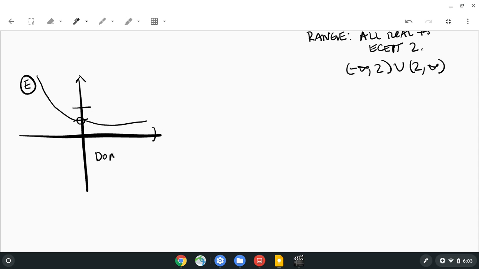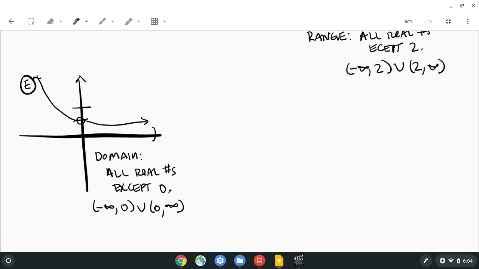So my domain, we see here we're using all real numbers except, all right, these go on forever, so arrowheads on the ends there. There's a break at x equals 0. So again, whenever you have breaks like this, then it's negative infinity to that break, and then from that break to positive infinity. And then same thing with the range.